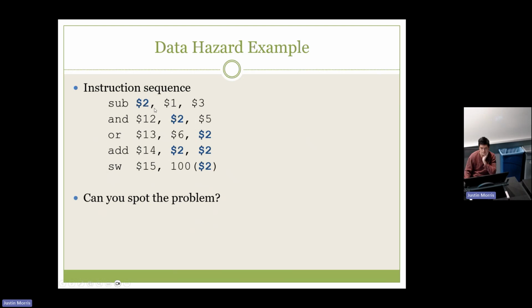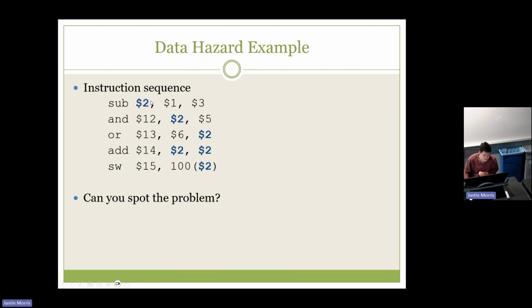Right, the dependency from this and to this sub is the write after read. There wouldn't be really a problem here. Going from sub to and we have the read after write. But so we have the problem with the and, right?